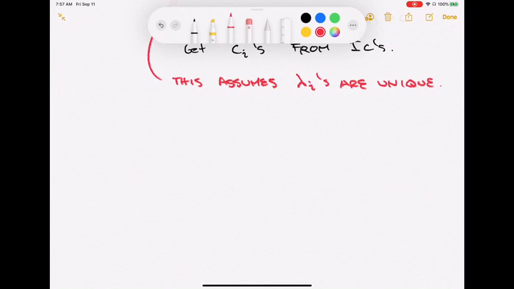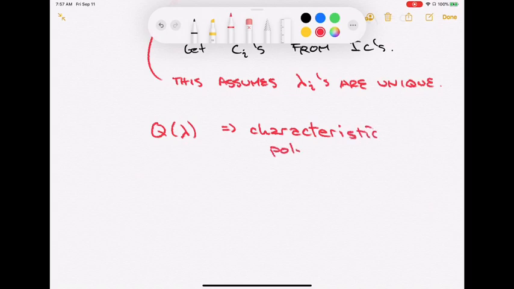Let's put in just a little bit of terminology. Q of lambda is called the characteristic polynomial. Why do they call it the characteristic polynomial? Because it has embedded into it the character of the system.